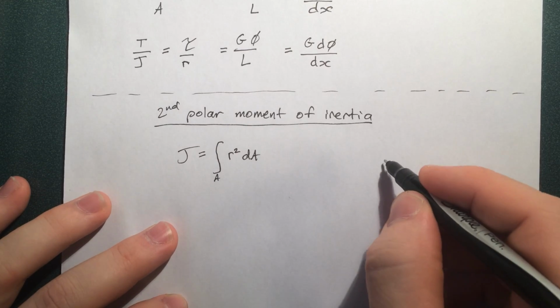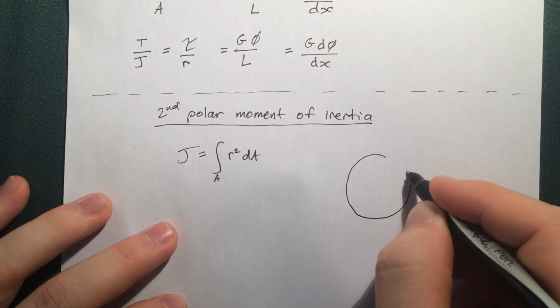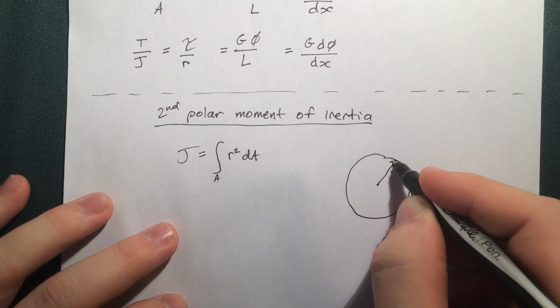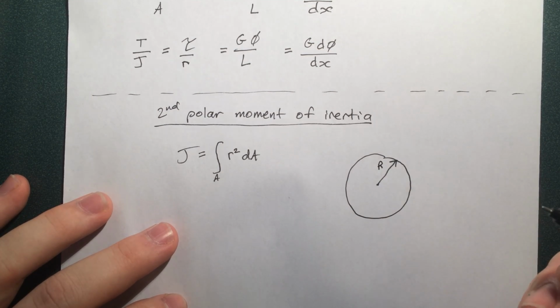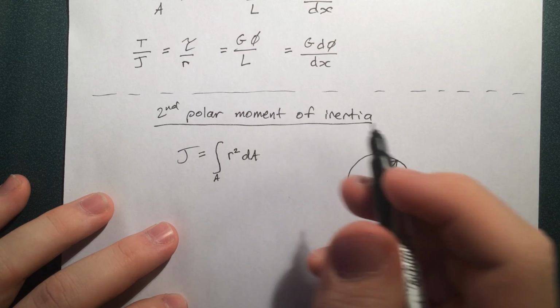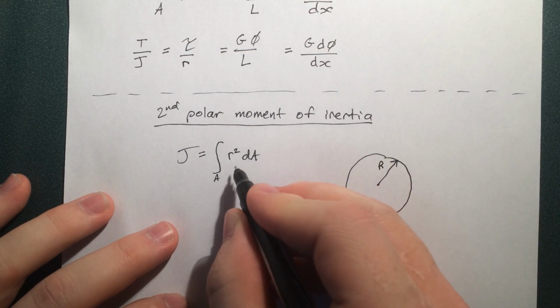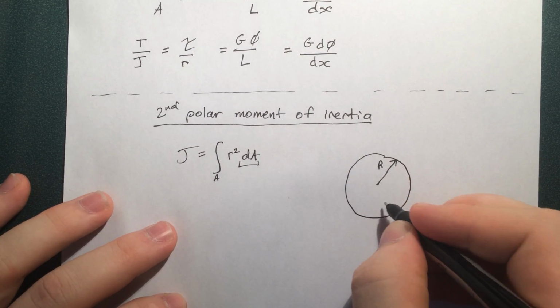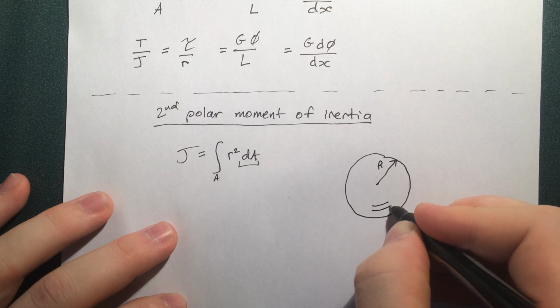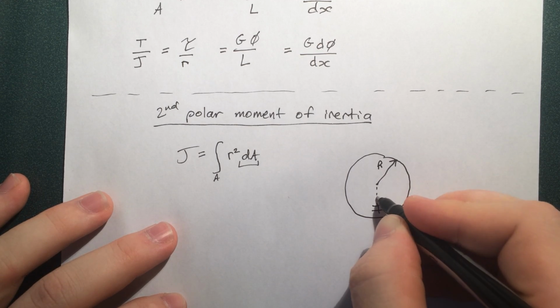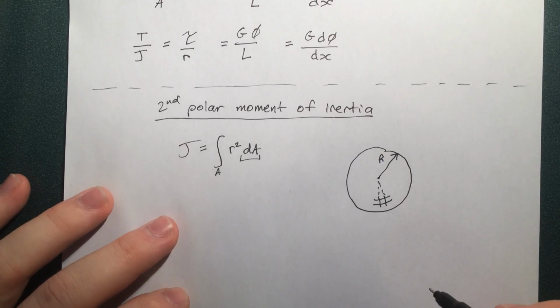Now, in a torsional bar, it's always round, and it has a total radius, big R. So if we're going to solve this integral, we need to find what dA is. So you can imagine a small section here, dA. Let's just blow that piece up.